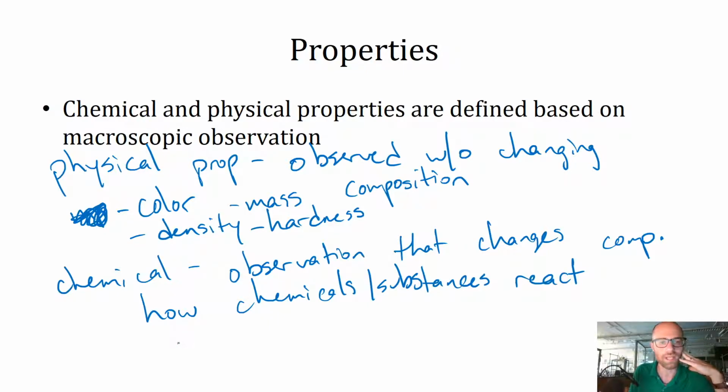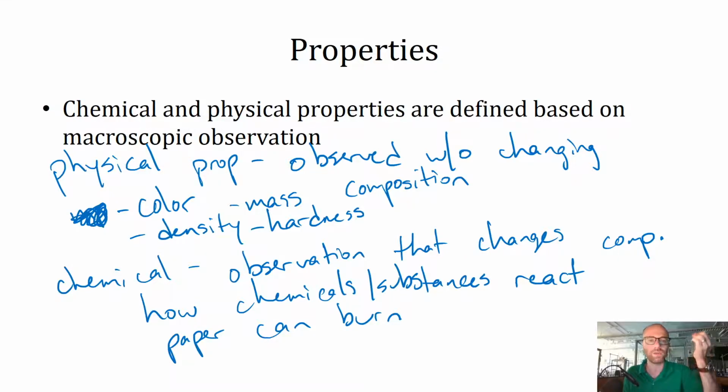To say paper can burn, it has this potential to burn. Well, you can't really tell whether or not paper burns without burning it, and the act of burning it would turn it into something else. So the only way to assess the observation is to destroy the chemical structure, the composition, how it's put together on the atomic level.